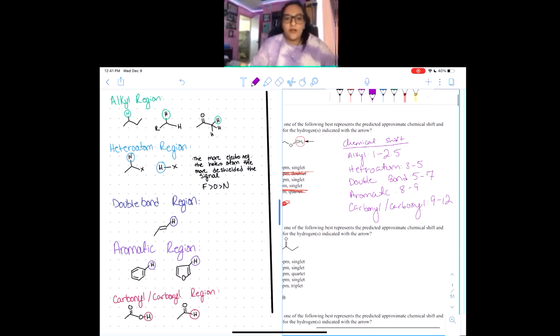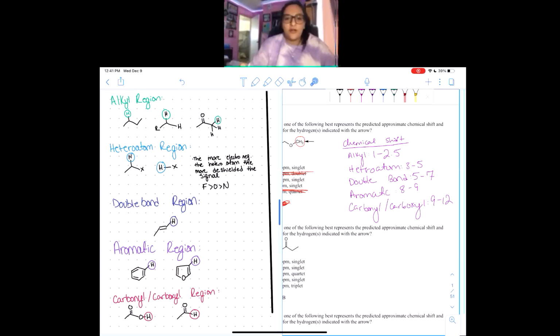So when we're looking at the hydrogen that's attached to the carbon that's attached to the oxygen, which one of these regions is it going to be in? Exactly. Oh, excuse me.